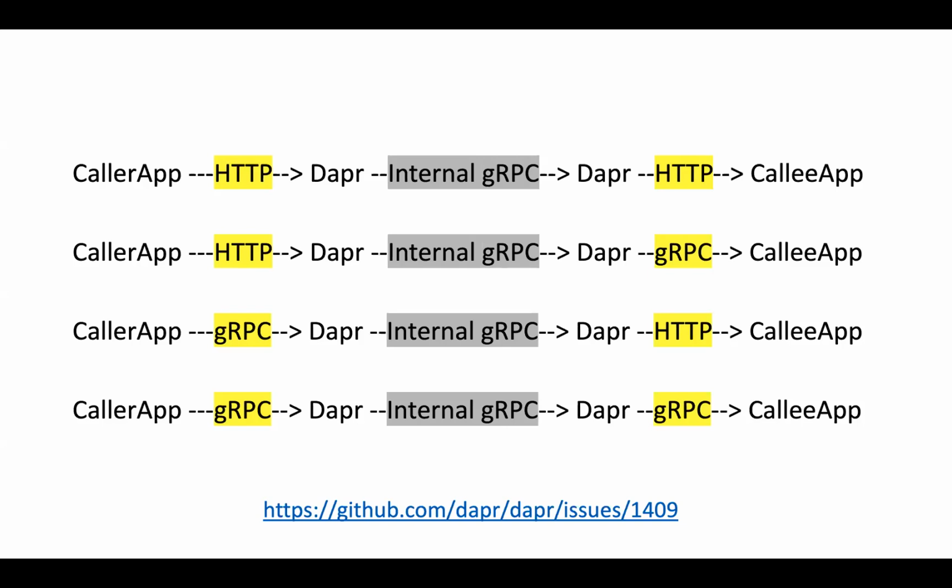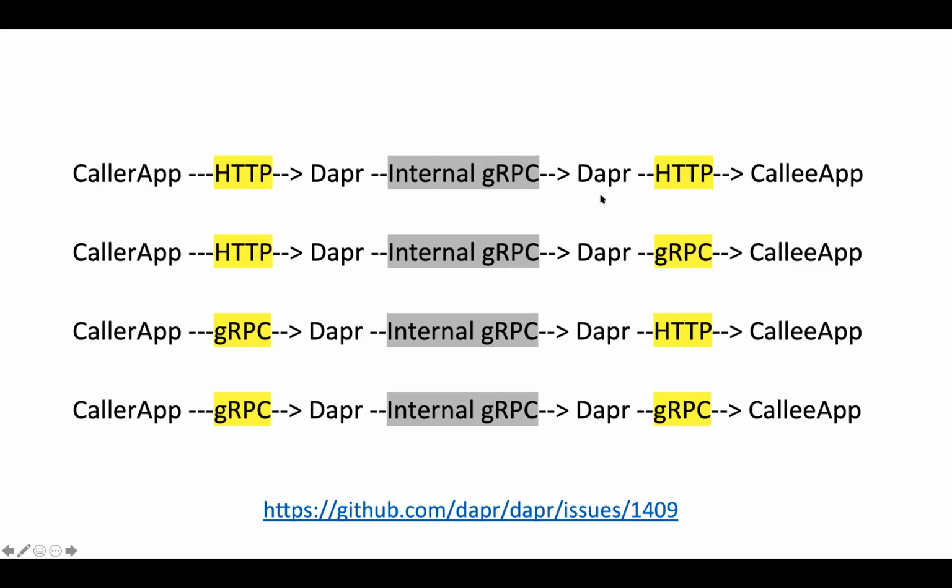But the previous implementation of the service invocation works really well for the first case, if the user uses the HTTP API to call the HTTP callee applications.